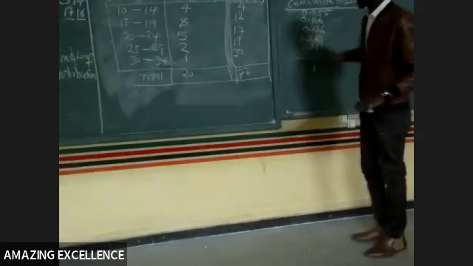Then 72 divided by 72 is 1. So all of them always sum up to 1.